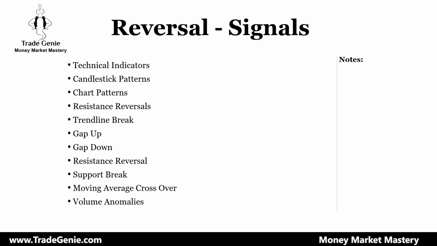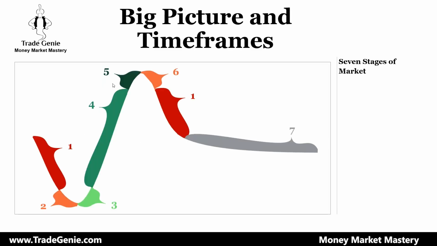So support break, let's analyze it. Say there is a strong support on a stage 4 here. After stage 4, it is doing stage 5 and 6, so it's creating a strong support. It's up and down, and suddenly it breaks. A support break can be a continuation, boom, boom, boom, like a waterfall decline, or it could be a gap down.